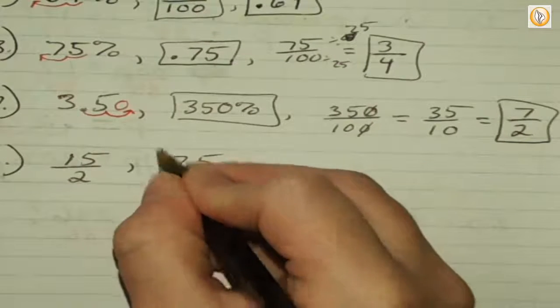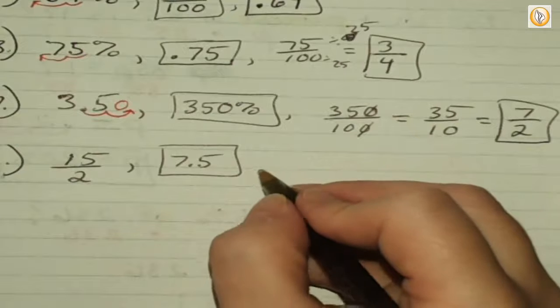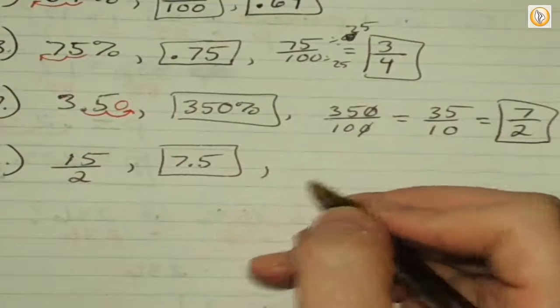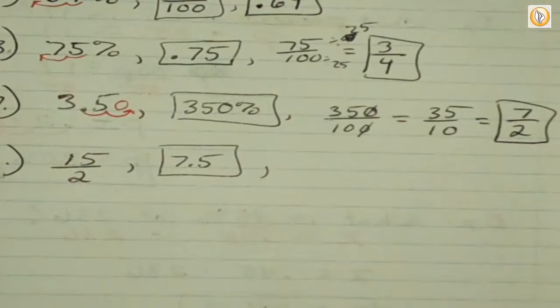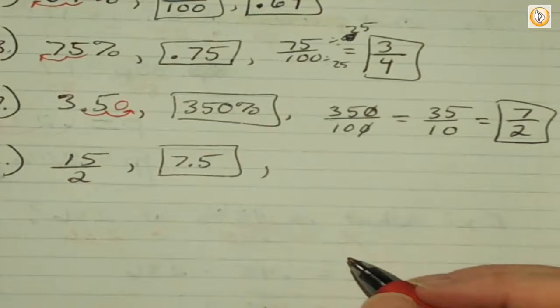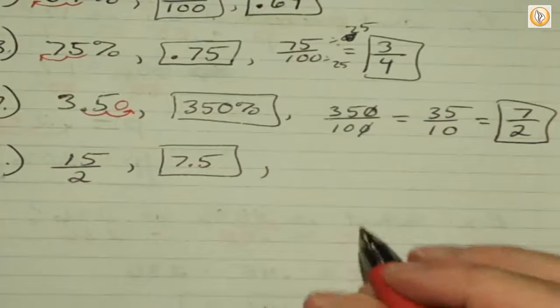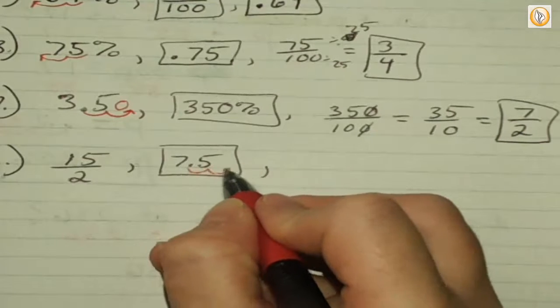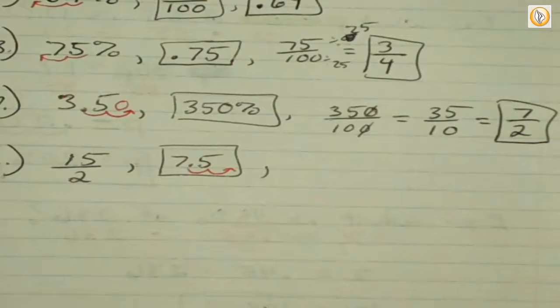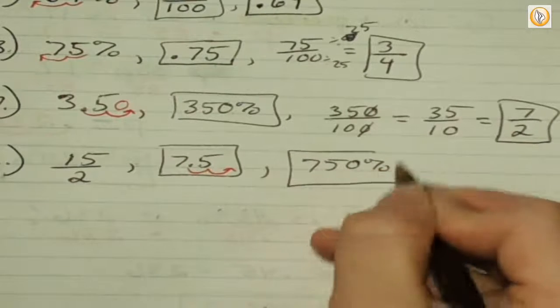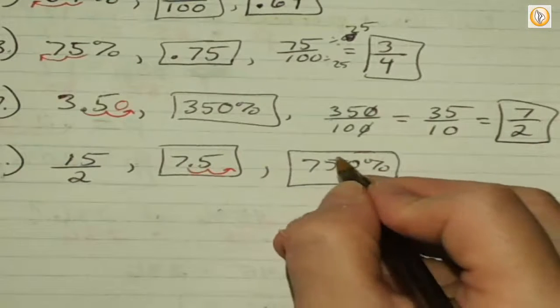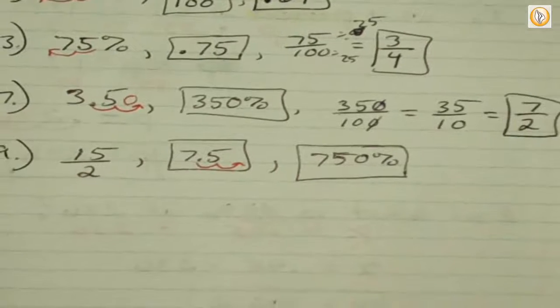So she divided and she got 7.5. Now it'd be easy to change that to percent. How do you change it to a percent? 2 places to the right. And you get 750%. Perfect. 750%. That's a lot of percentage.